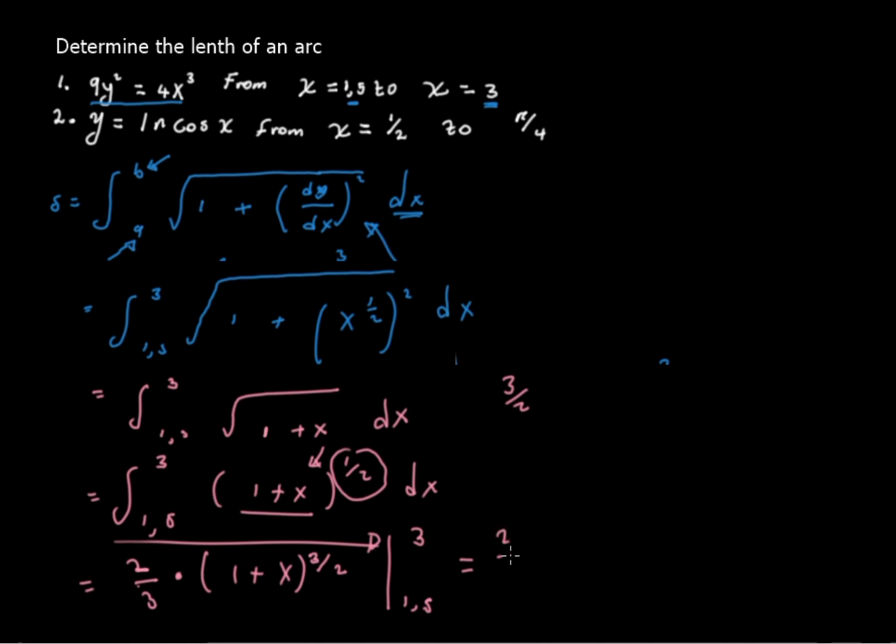It's going to be 2 over 3 multiplied by 1 plus the x value, starting with 3, to the power of 3 over 2, minus 2 over 3 multiplied by 1 plus 1.5, to the power of 3 over 2.